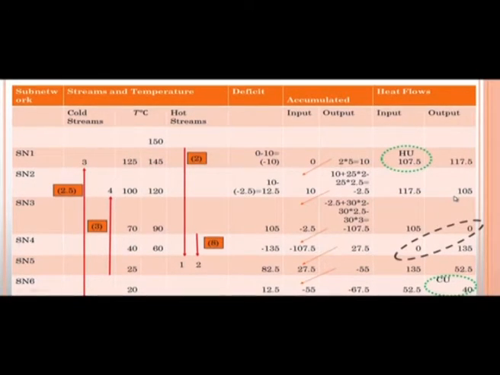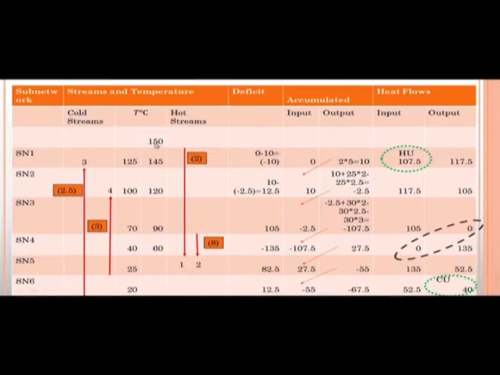So, what do we do? We start with the topmost network, that means the network which has the highest temperature. Obviously, the network where there is only one hot stream and it is changing its temperature from 150 to 145 degrees Celsius. So, what is the difference of temperature?